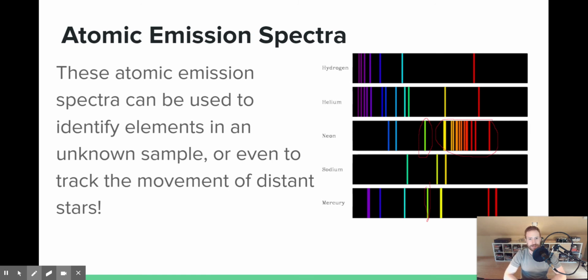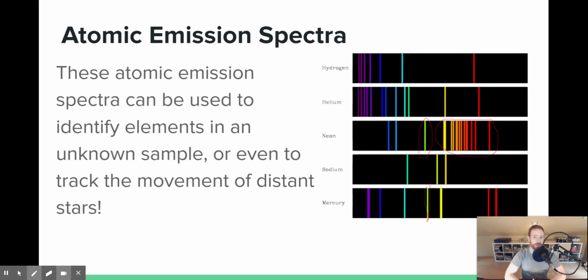What? Stars are really hot, right? And one of the things we established was that if you excite electrons in an atom with heat or electricity, they will emit wavelengths of light. Well, there's enough heat in a star to cause this to happen in the elements that are within that star.